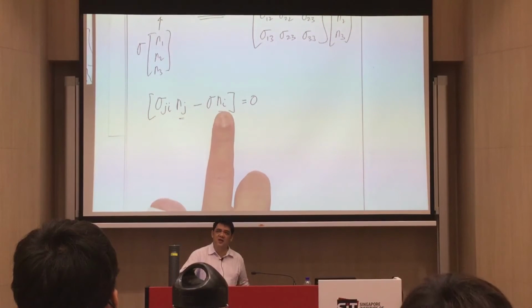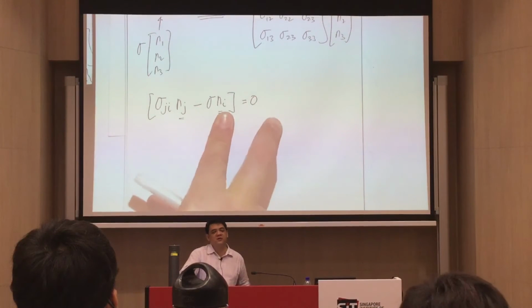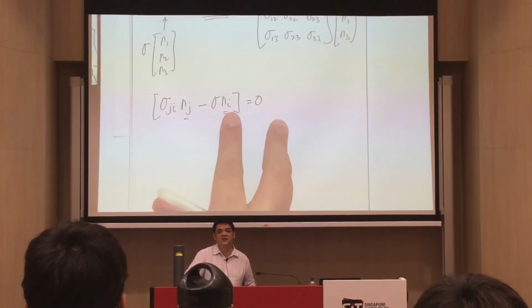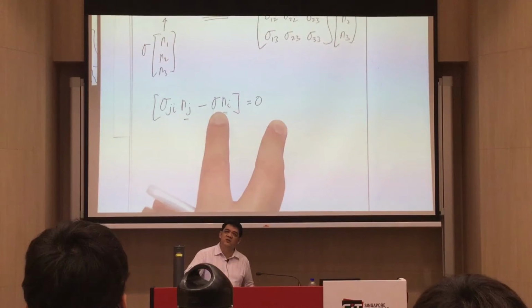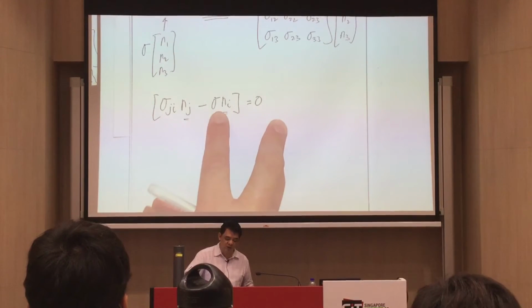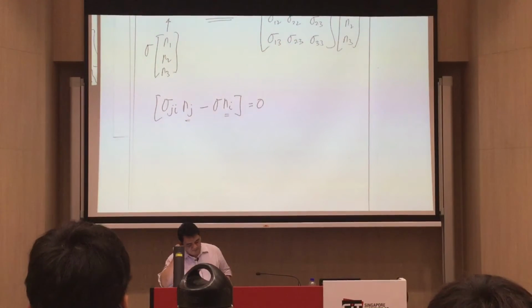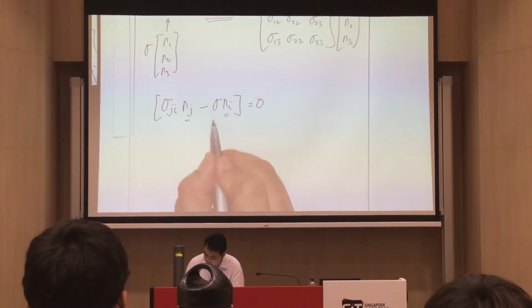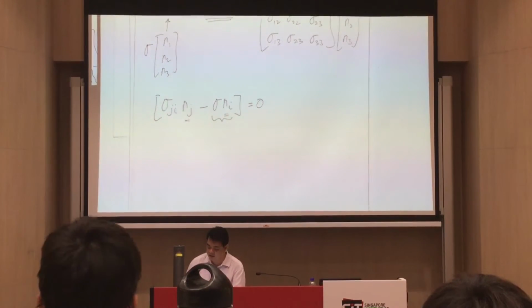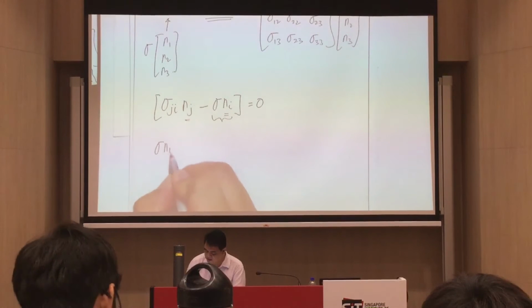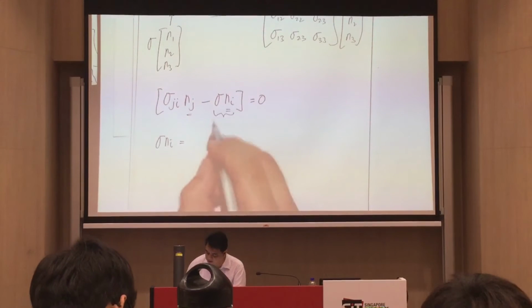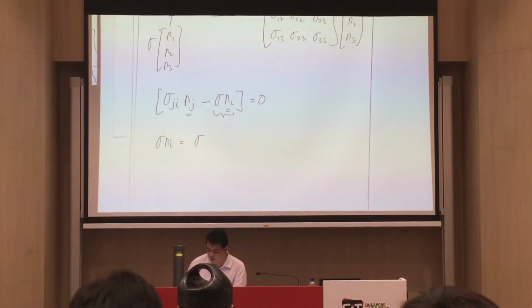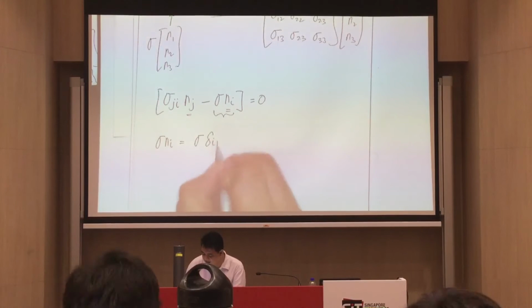What about Kronecker delta? Kronecker delta is equal to 1 or 0, yes? So if you multiply it here, it wouldn't change anything. So what do I mean by that? Let's look into this one here. Sigma ni. I can write this one here as sigma multiplied by delta ij.